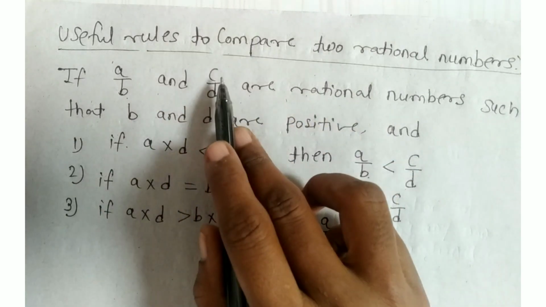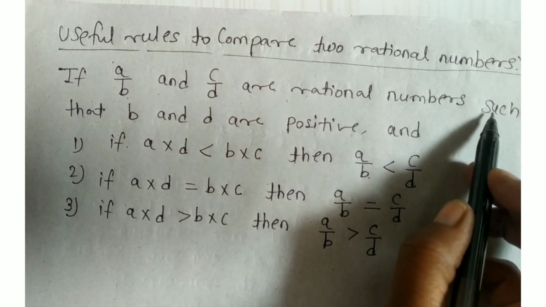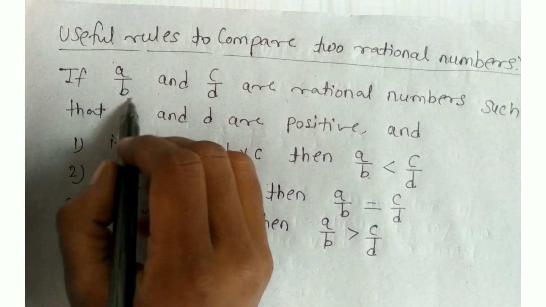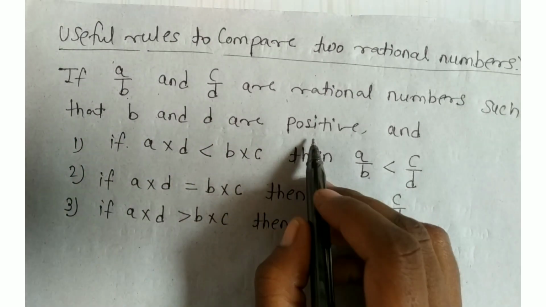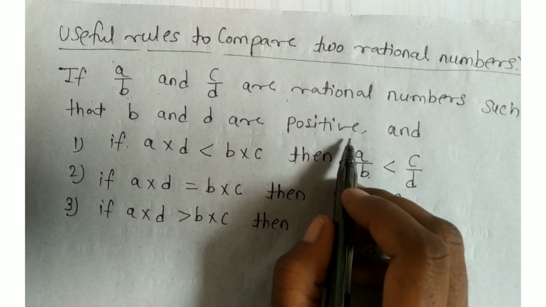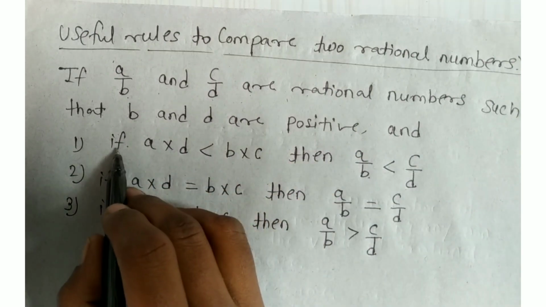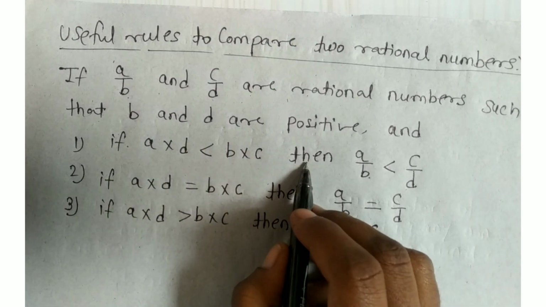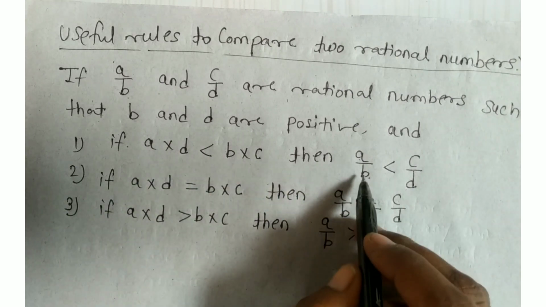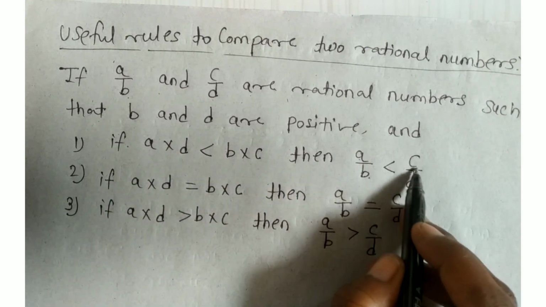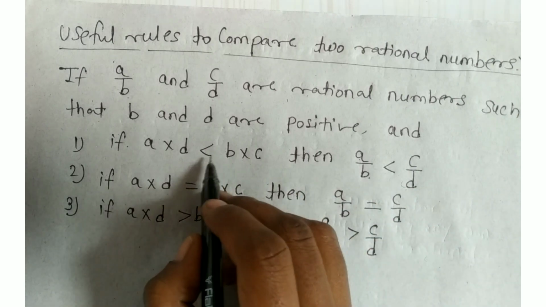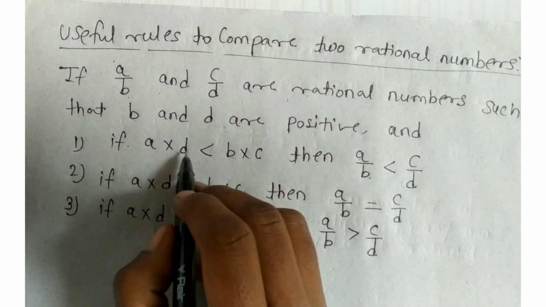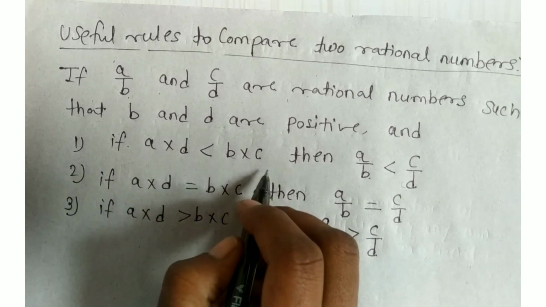If a upon b and c upon d are rational numbers such that b and d are positive, and if a into d is less than b into c, then a upon b will be less than c upon d. Here b goes to that side in the denominator and d goes on the other side.